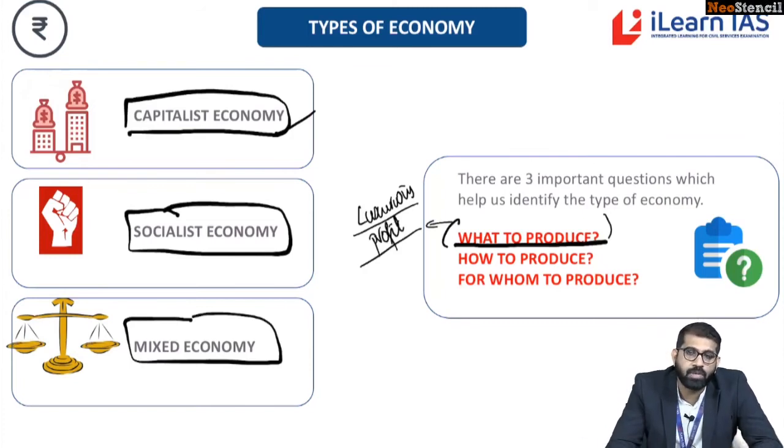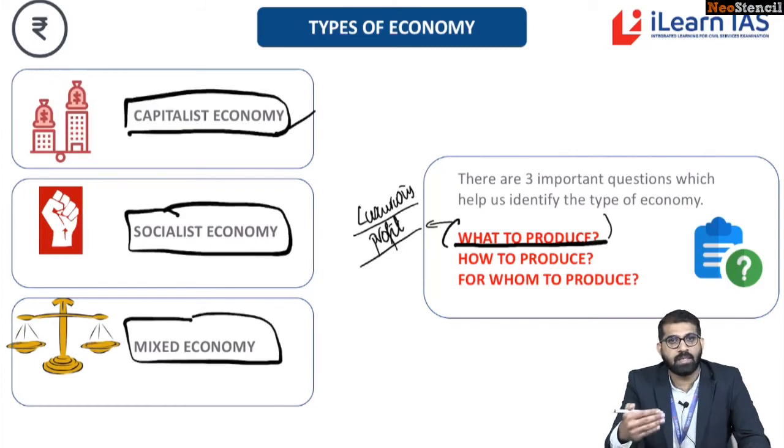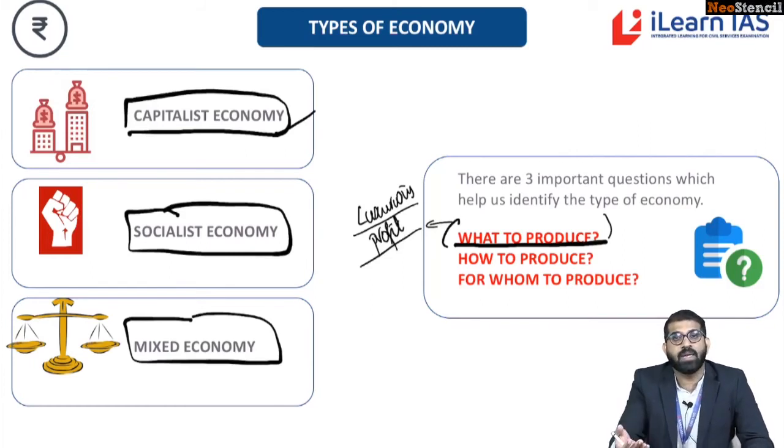Second, how to produce? They will be using those techniques that will provide maximum employment opportunities to a large number of people. Thereby, they will be able to have a better standard of living, or they will have the basic amenities with them. Clear? So, they will not be using technology intensive production processes.